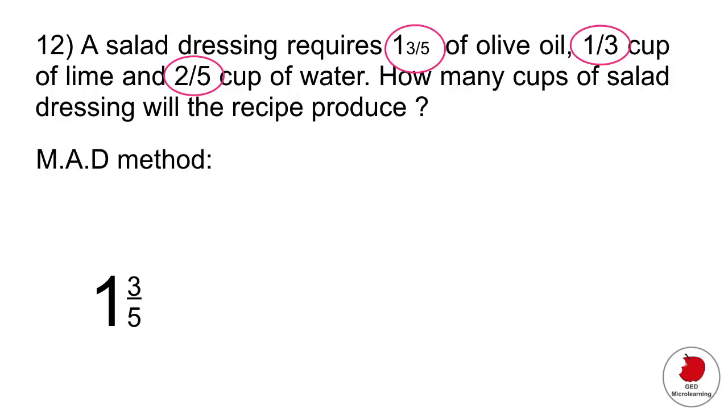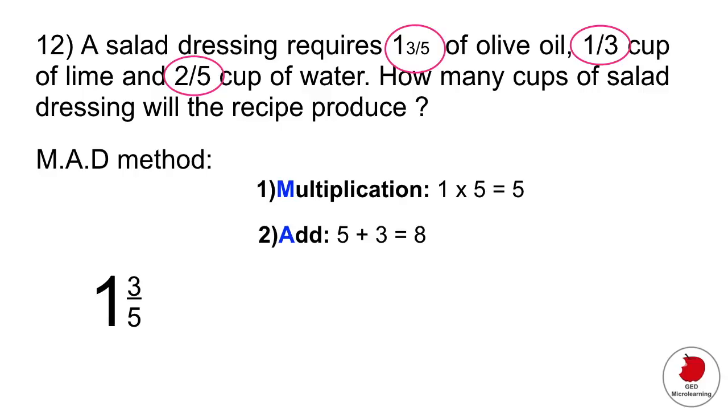First of all, the M is multiplication, so we multiply 1 times 5, that gives us 5. Now we're going to add the numerator, which was 3. So we get 5 plus 3, that's 8. And remember that the denominator stays the same. So we end up with 1 3/5 is the same as 8 over 5. Okay, so that was step 1.